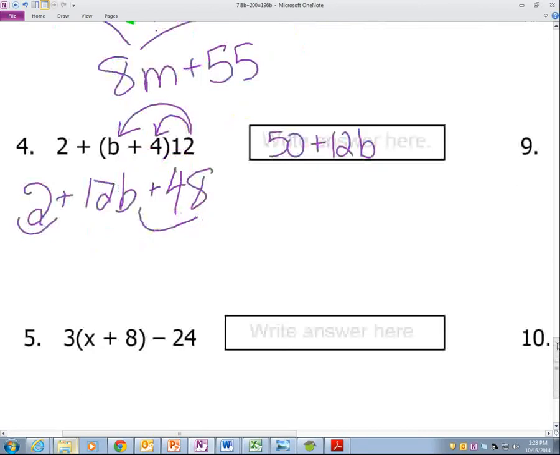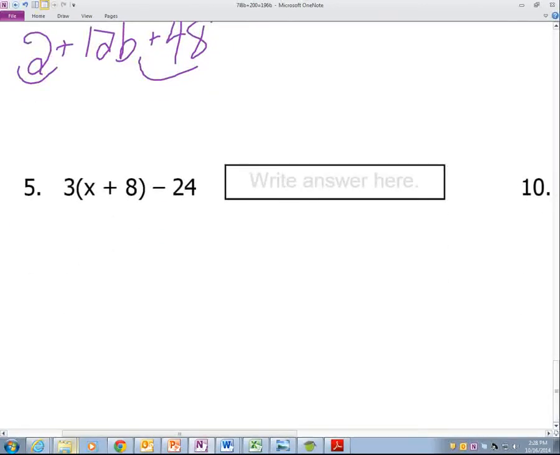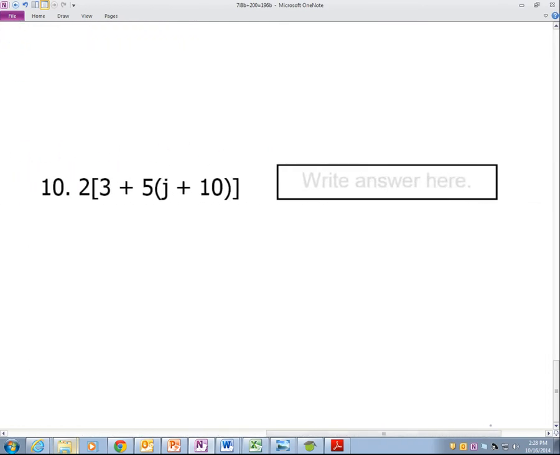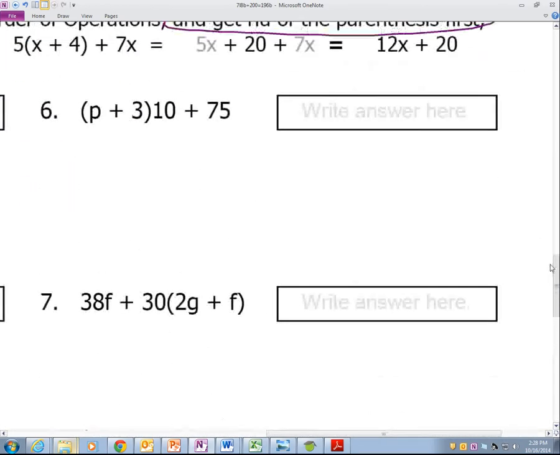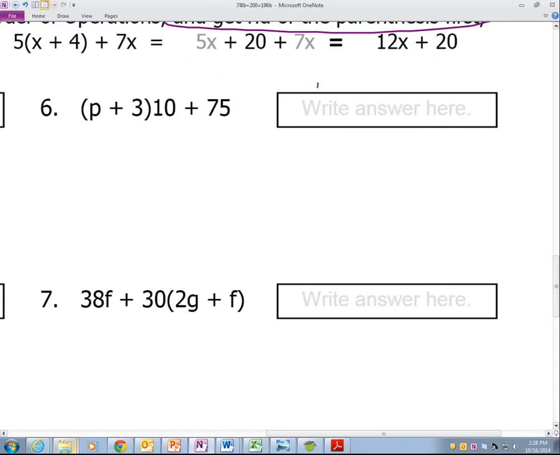Number 3 is easy. There's just a subtraction sign here. But I want to give you time to work, so we can get it with a different example. Number 5, number 6, we can get that description somewhere else.